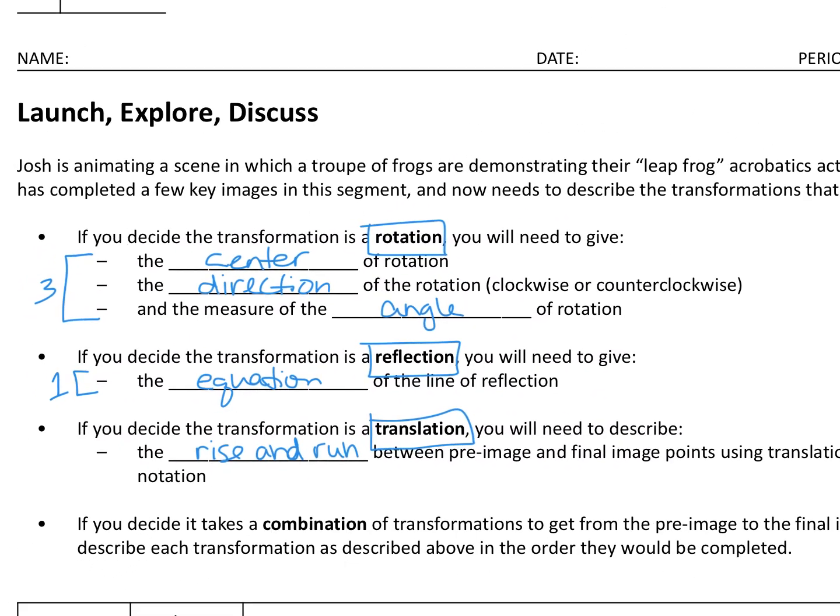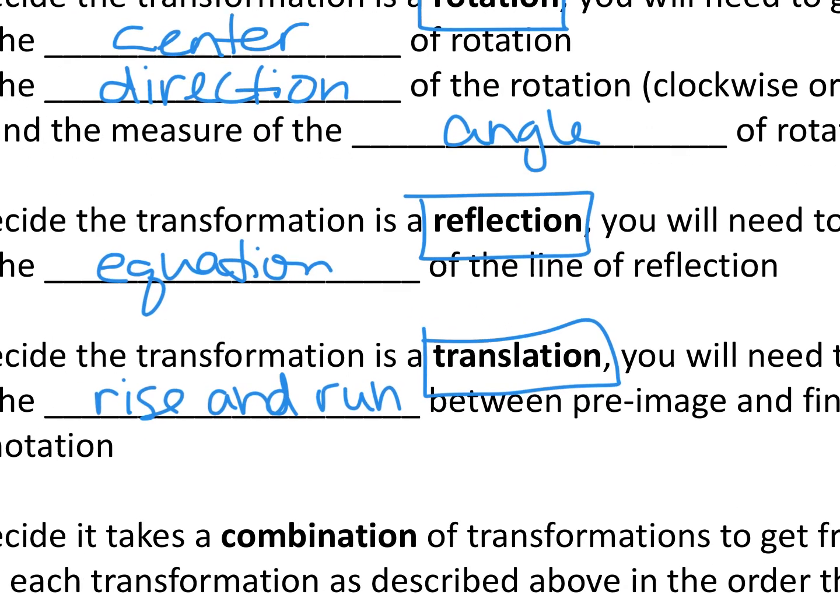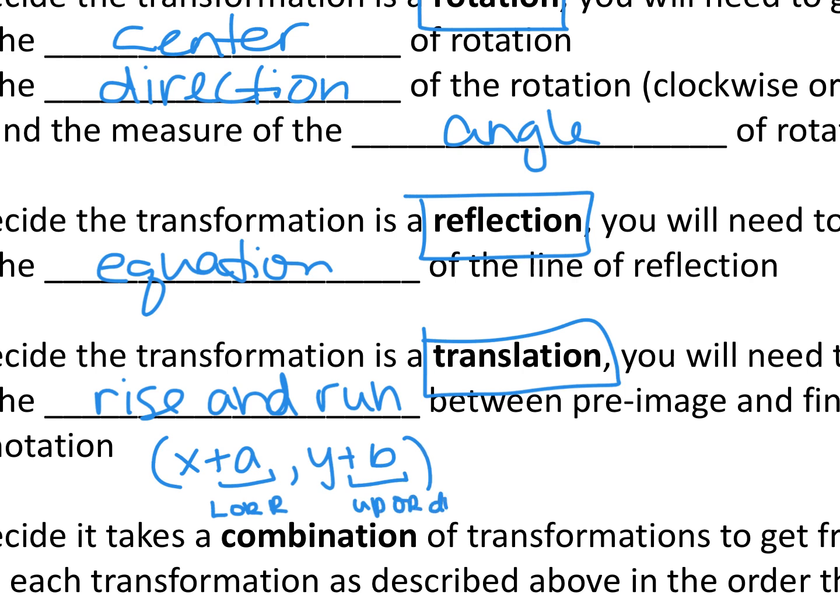Okay, and just a reminder, translation notation looks like this. You have x plus or minus some number a that you would fill in, and then y plus or minus some number b, and b you would fill in. The a is the left or right, the b is the up or down. So left or right, up or down.